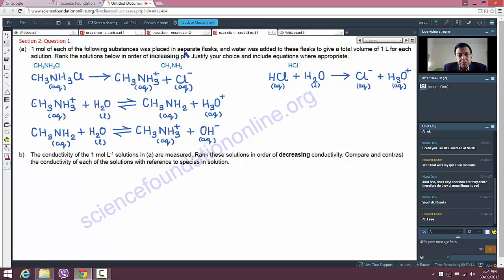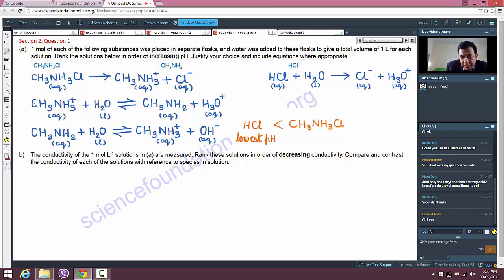Okay, there. So then, rank the solutions in order of increasing pH. The most acidic will be the lowest pH, so that will be HCl. Then after that is the next weak acid here. The next weak acid will be, unlike the strong acid, CH3NH3Cl, which is a weakly acidic solution, since CH3NH3+ is a weak acid.